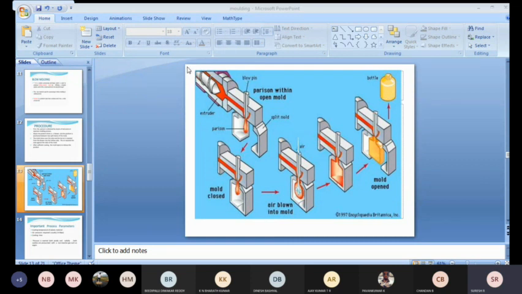Above the preform there is a blower, with a blow pin at the top. With the help of the blower, the air is introduced. The parison is positioned between the two halves of the mold.